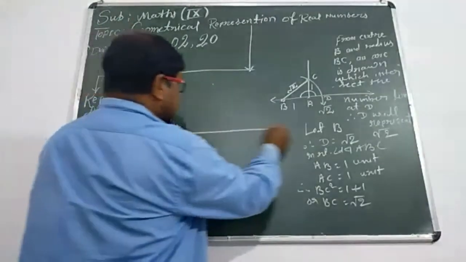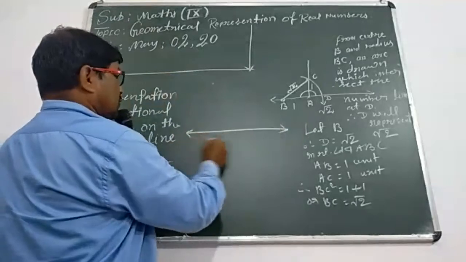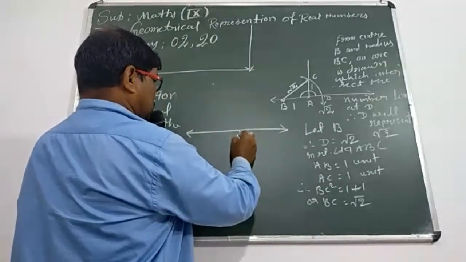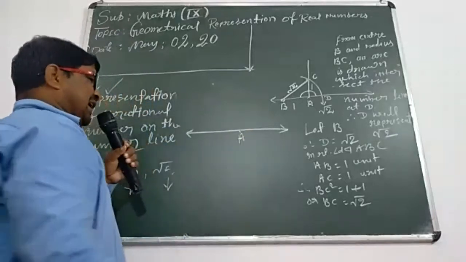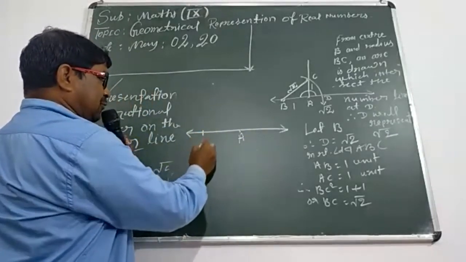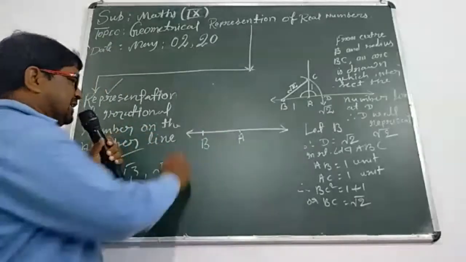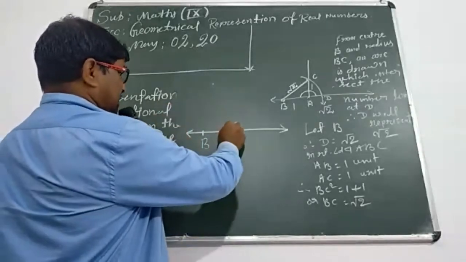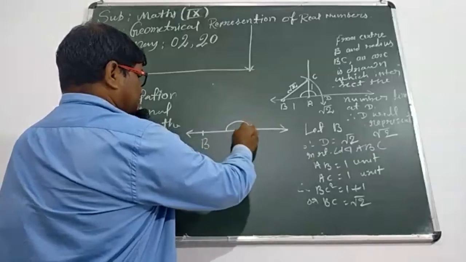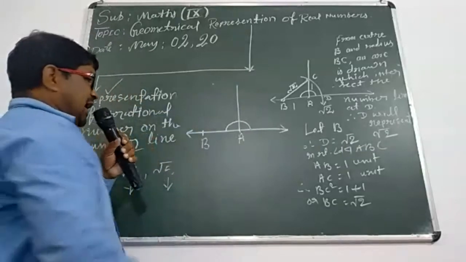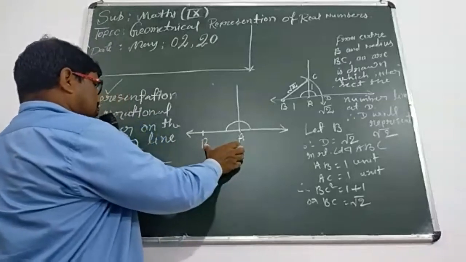Now students, follow the process of under root 2. Suppose that this is A. Taking 1 unit here on the number line, suppose that this is B. Now we will draw a perpendicular at A, and AB equal to 1 unit.